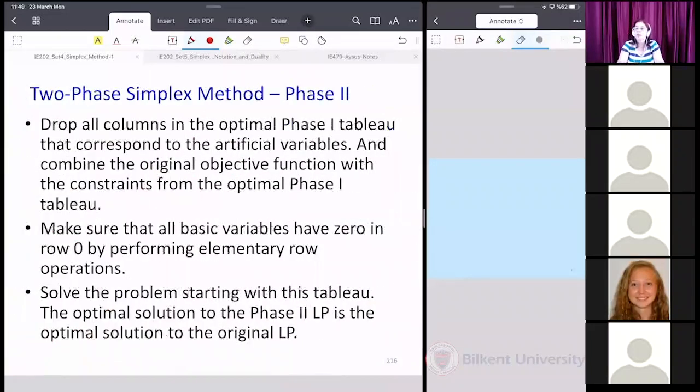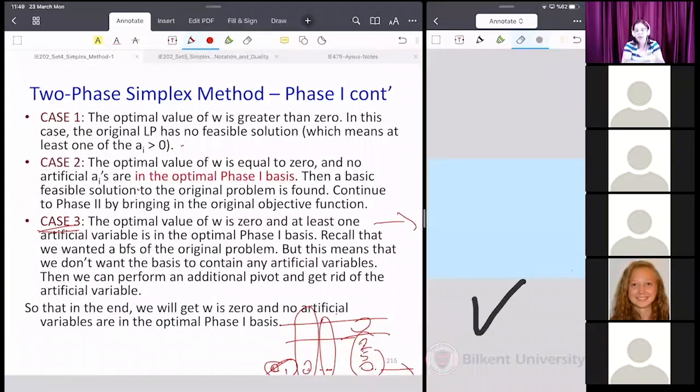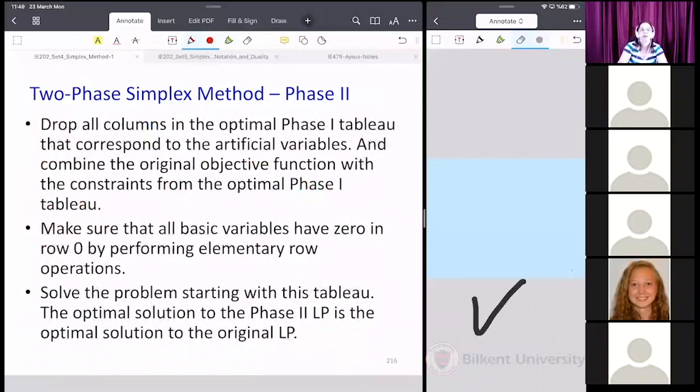Once you're done, you're out of phase 1 in one of these 3 cases. Then all you need to do is drop the columns that are required for your artificials. You don't need them anymore. You put back your original objective function.